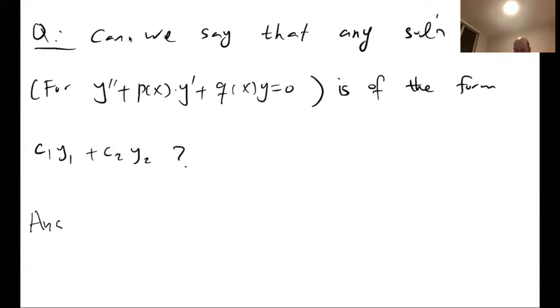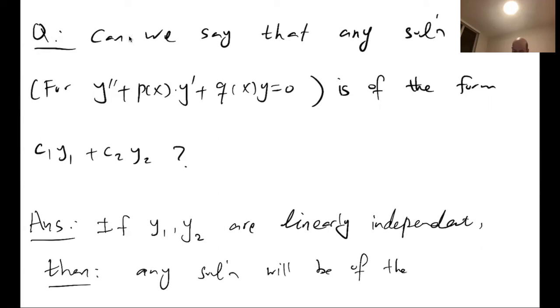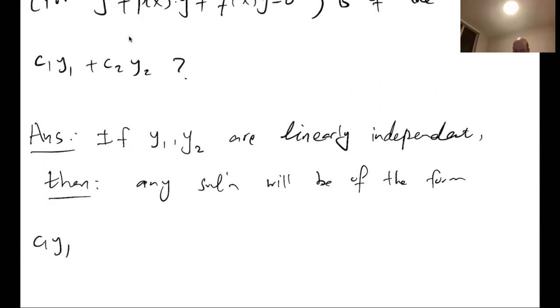So the answer is, if Y1 and Y2 are linearly independent, then we can say that any solution will be of the form C1 Y1 plus C2 Y2.